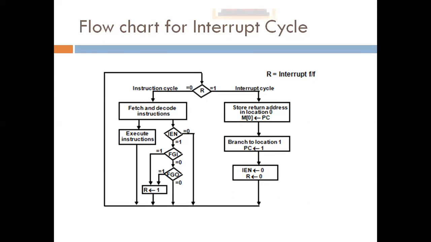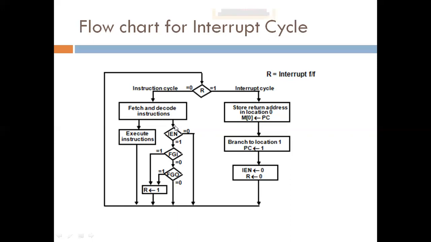Now see here, the interrupt cycle is based on the value of register R. When the value of R is equal to 0, the computer goes through the instruction cycle. During the execution phase of the instruction cycle, the control checks the value of IEN.